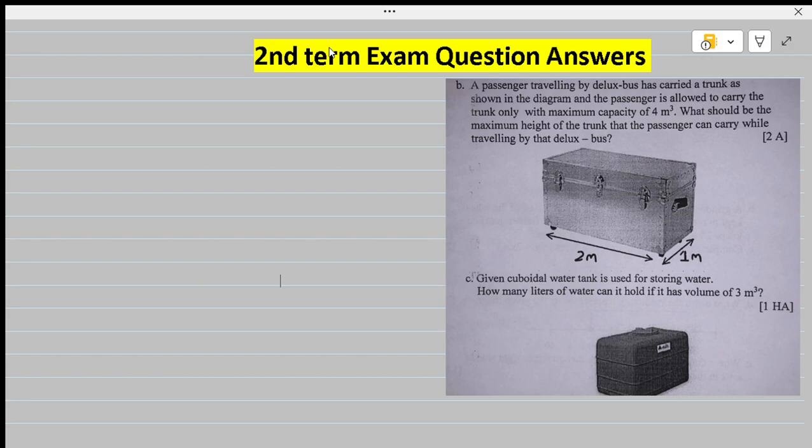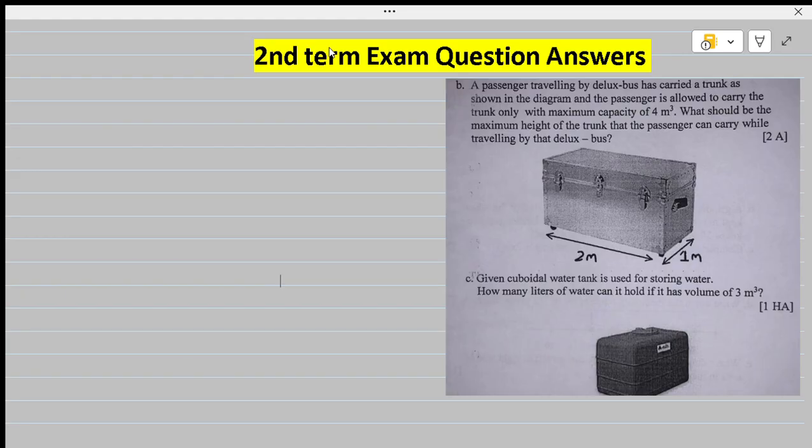This is the diagram in which one trunk is shown, which is in cuboidal form, and passengers are allowed to carry a trunk only with a maximum capacity of 4 meter cube.